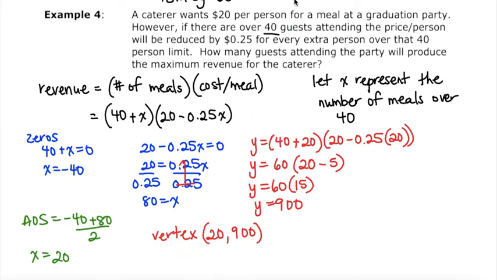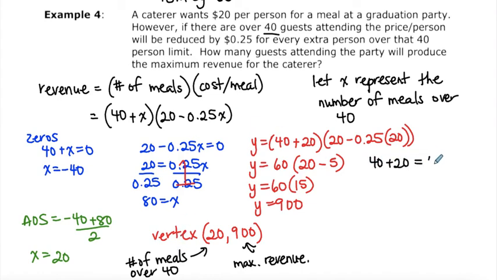Well, the 20 refers to the number of meals over 40, and the 900 refers to the maximum revenue. So if I'm having 20 meals over 40, I'm actually serving 60 people, right? 40 plus 20 is equal to 60.